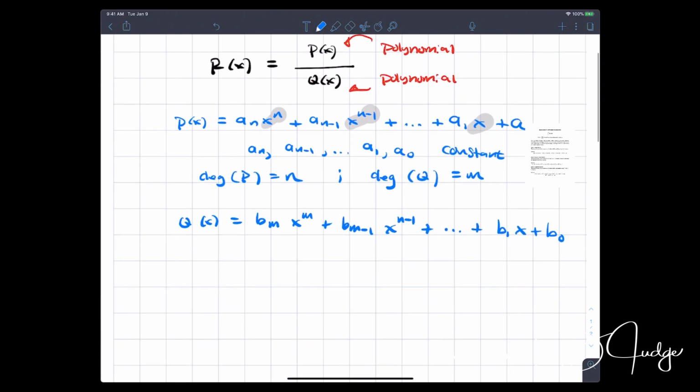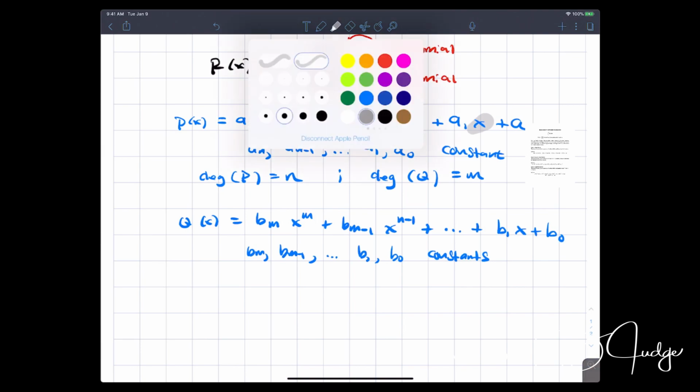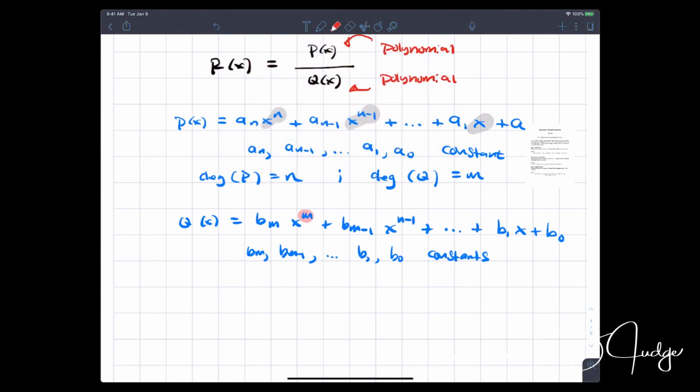Similarly, you have b_(m-1), and so on, b_1 and b_0. These are also constants, or we simply say they're numbers. So you have the degree of m, looking at the highest power. That's the degree of your q function, your polynomial q in the denominator. So anyway, this is starting to describe what's known as a rational function.